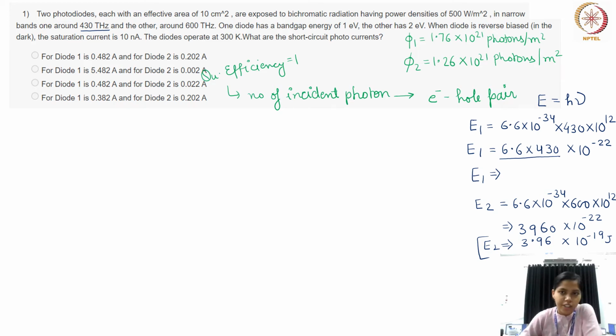What will this be from here? You just have to multiply these two numbers.